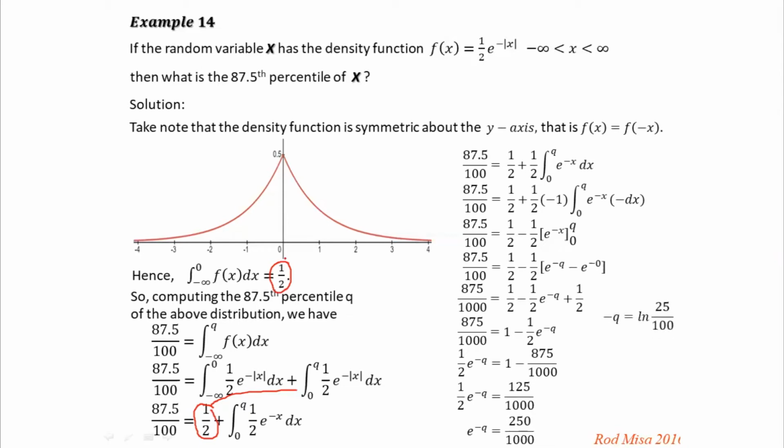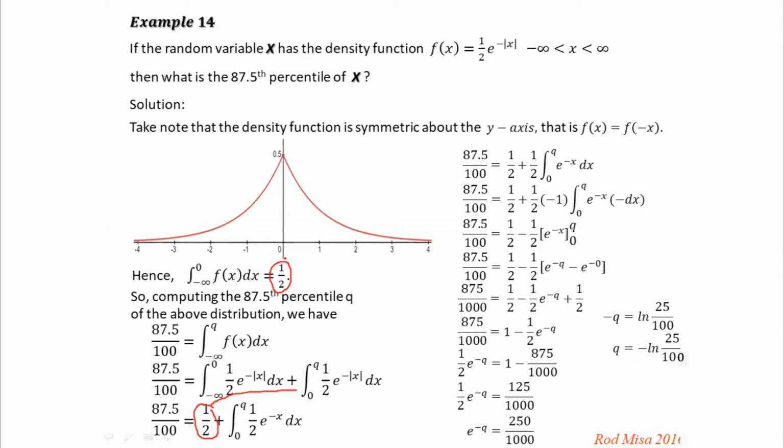So transforming this exponential notation to its equivalent logarithmic notation, we have negative q, which is equal to the natural log of 25 over 100. But multiplying both sides of the equation by negative 1, we have q, which is equal to the negative of the natural log of 25 over 100.